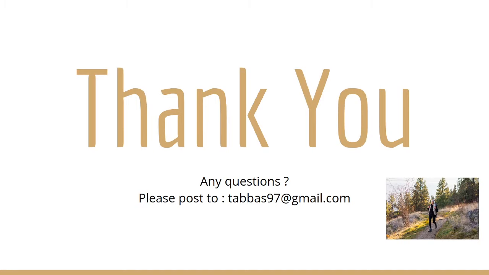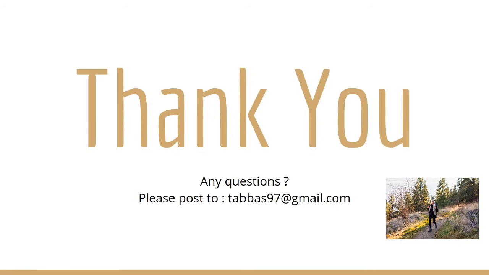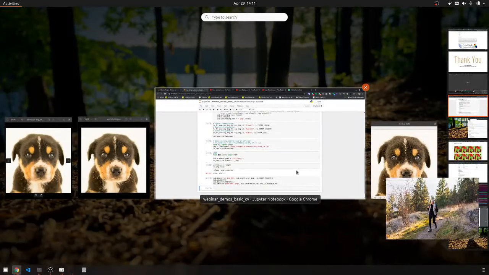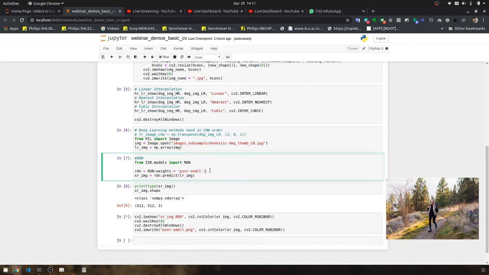And also with the ISR library that we used, it has a couple more models, PSNR large, and it also has the ability to run a GAN based model. A GAN based model is extremely computationally intensive and cannot be run on a notebook GPU, most likely. You'd need a more powerful GPU. So just take note of that before you try to run it. Maybe you can try in Colab. I think you'll be able to run that.